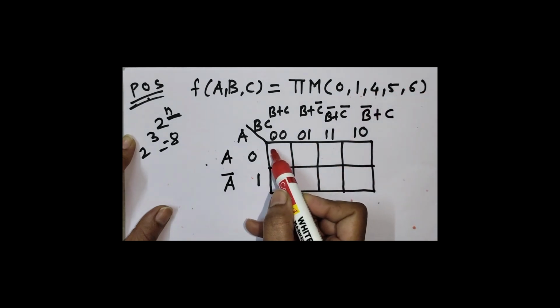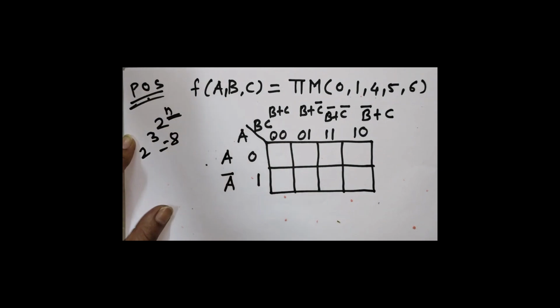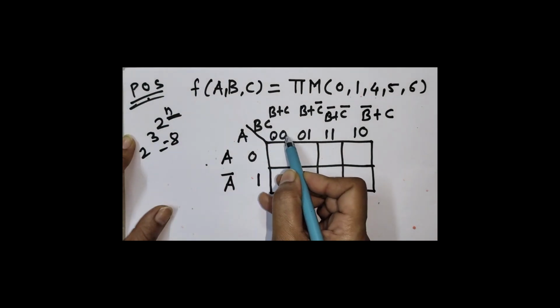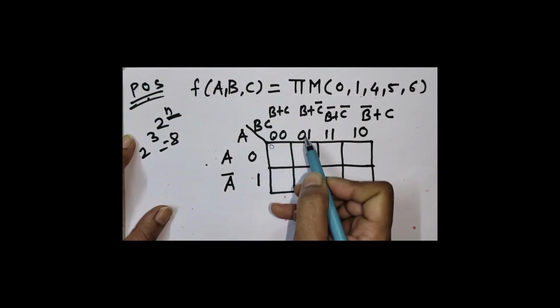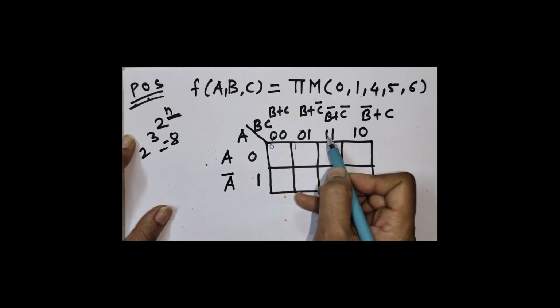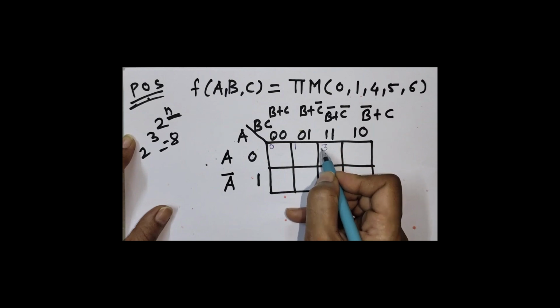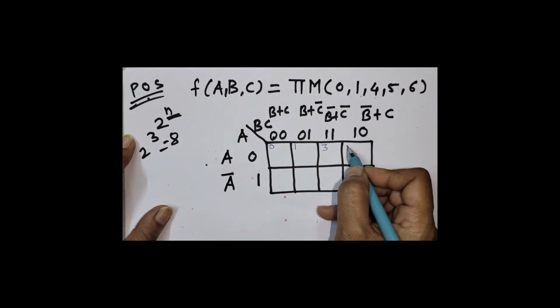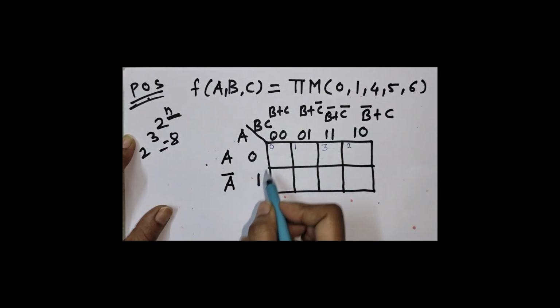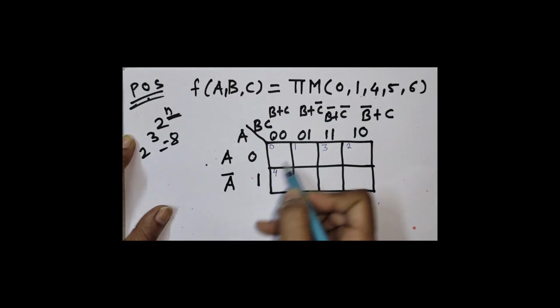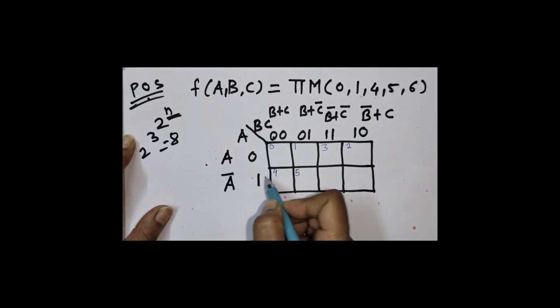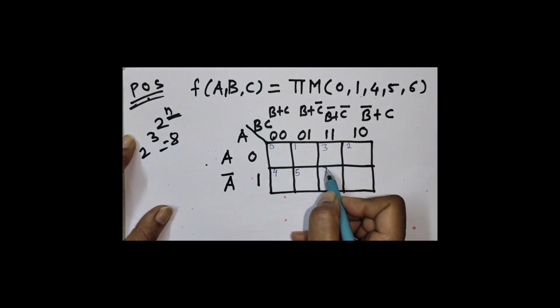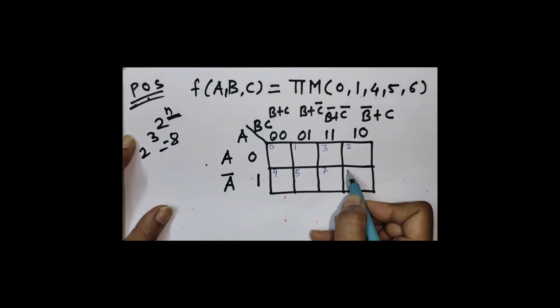So here value for this cell is 0 0 0. It means 0. For this cell it is 0 0 1, 0 1 1 is 3, 0 1 0 is 2, 1 0 0 is 4, 1 0 1 is 5, 1 1 1 is 7, 1 1 0 is 6.